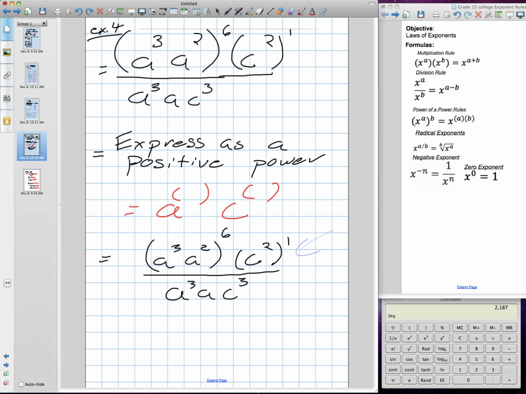A to the power of 3 times A to the power of 2. We're using a multiplication rule, which means I can simplify that as one base, A, and I'm going to add the two exponents together, 3 plus 2. Okay? We're going to do this all one step at a time.